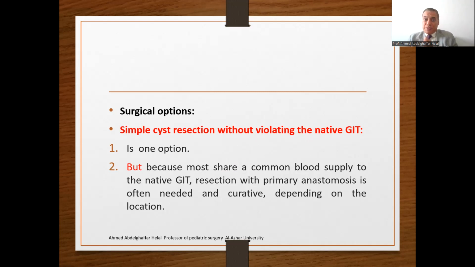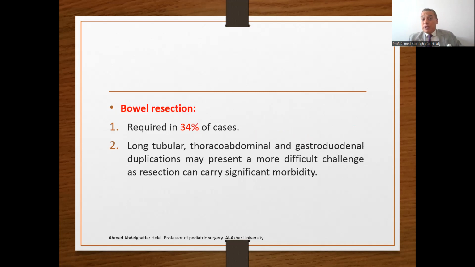So if it is feasible to perform simple cyst resection, it's well and good. However, usually these duplicated parts share the same blood supply. So you may need to remove part of the normal gastrointestinal tract with the duplication cyst and perform primary anastomosis. Maybe bowel resection, yes, and this is required in about 34% of cases.